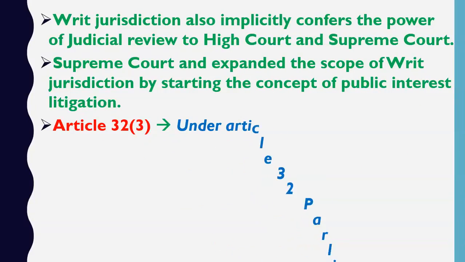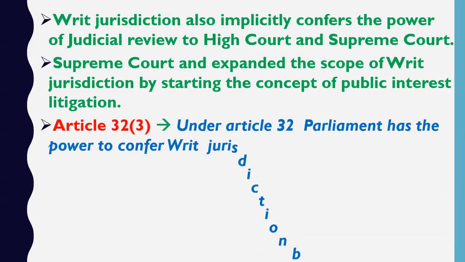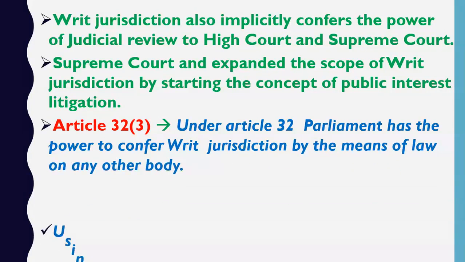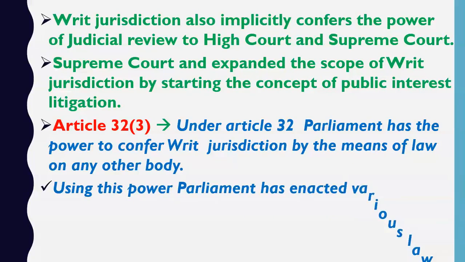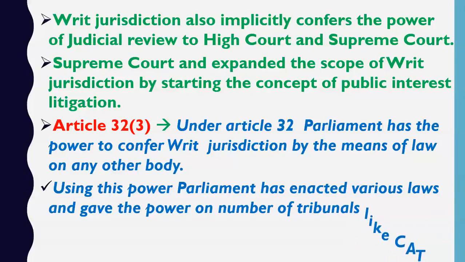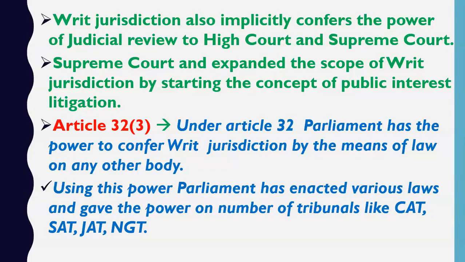So I will give you one example so that you can understand it very clearly. Suppose there is a person and the name of that person is Pappu. Now what happened is that the police has arrested Pappu arbitrarily. Arbitrarily means the police has not followed the constitution while arresting Pappu. For example, police has not followed the provisions given in Article 22 and Article 21.